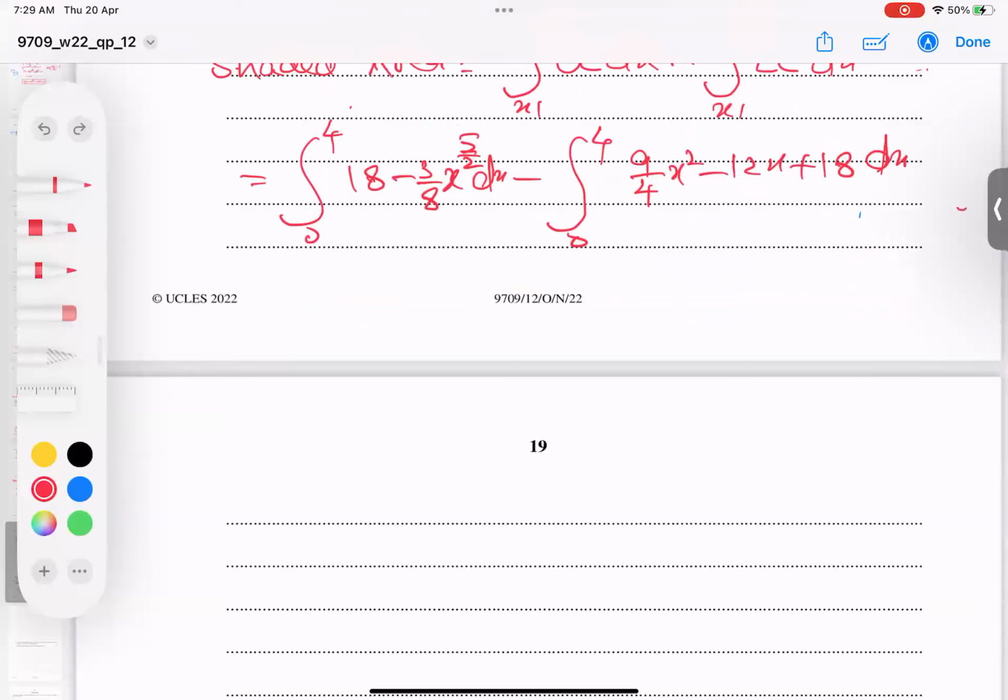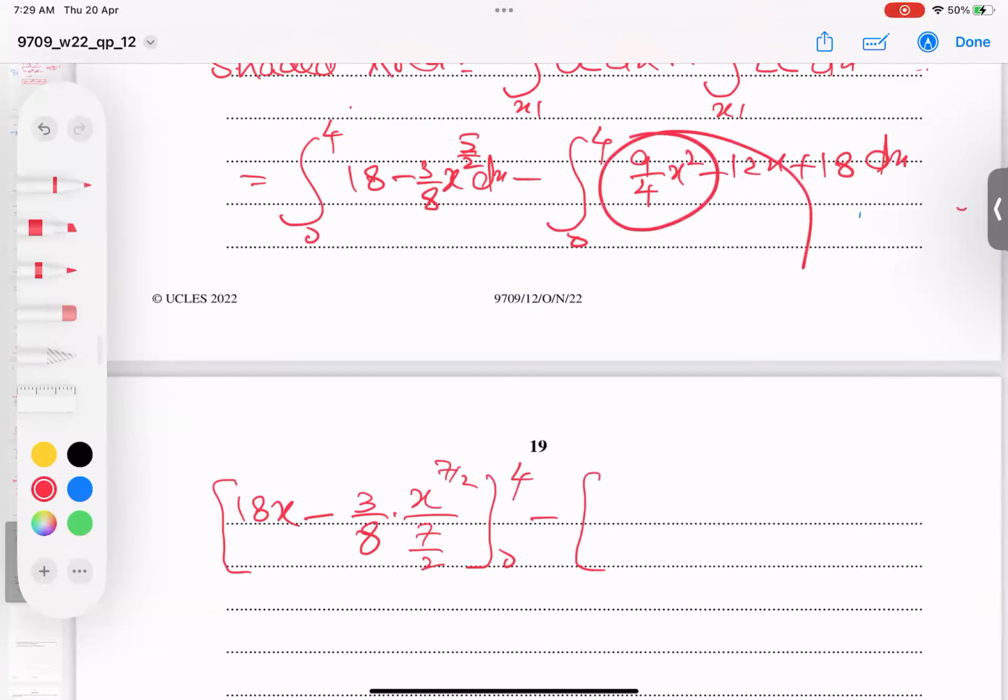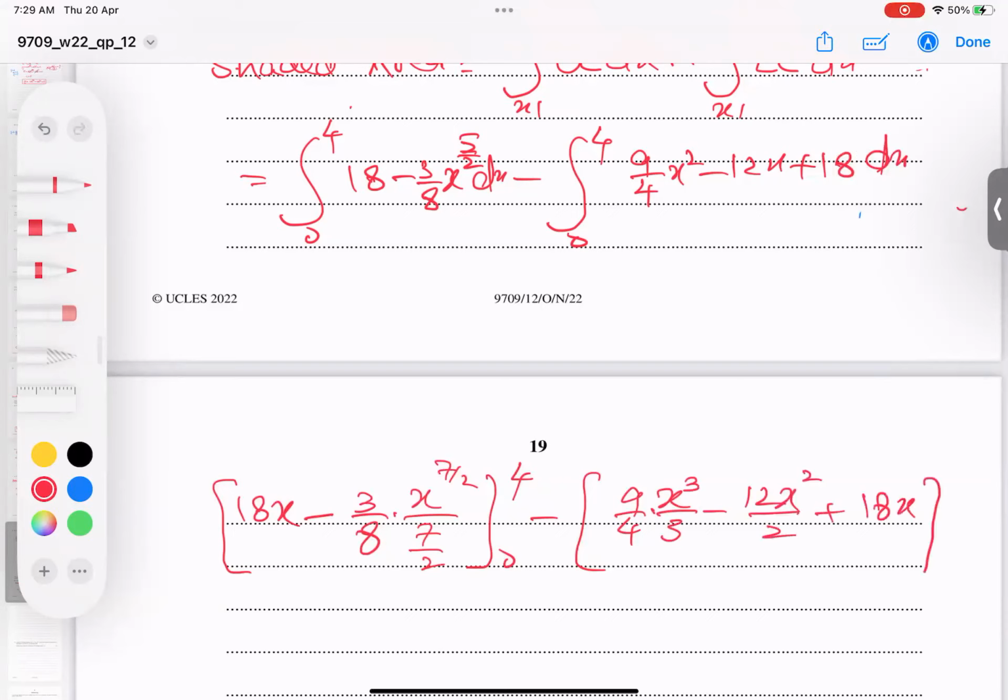What is the integration of 18? It becomes 18x. What is the integration of this one? Increase the power by 1, so 7 by 2 over 7 by 2, limit 0 to 4. Same story here. What about this? 9 by 4 as it is, increase the power by 1 and divide by the same. And this x is power 1, so add 1 and divide by 2. 18 becomes 18x.